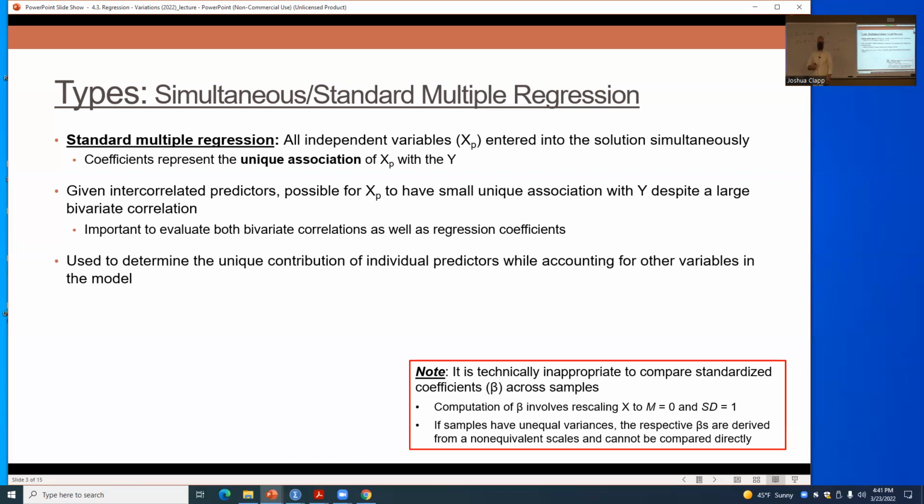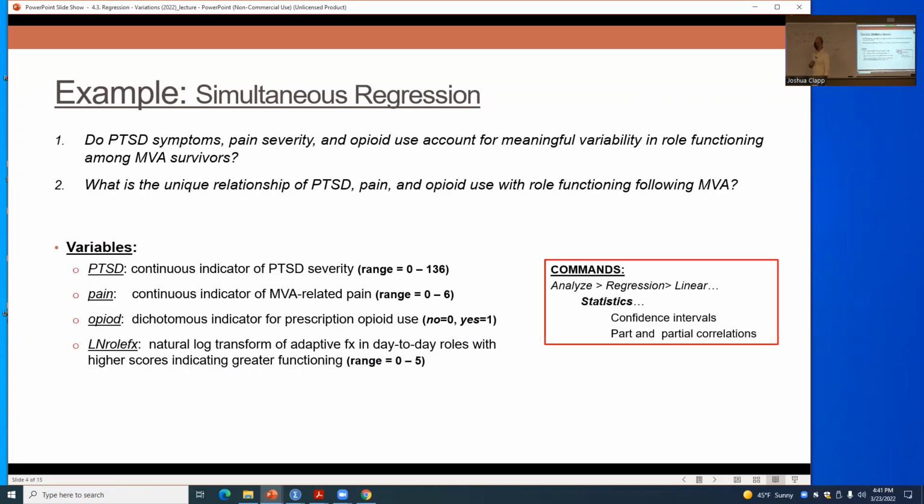If I want to compare my results to Allie's results, I should be looking at our unstandardized coefficients, okay? So standardized coefficients are good for within-analysis comparison of predictor strength, but not good for comparing the strength of predictors across different studies. That's a technicality, but something to think about.